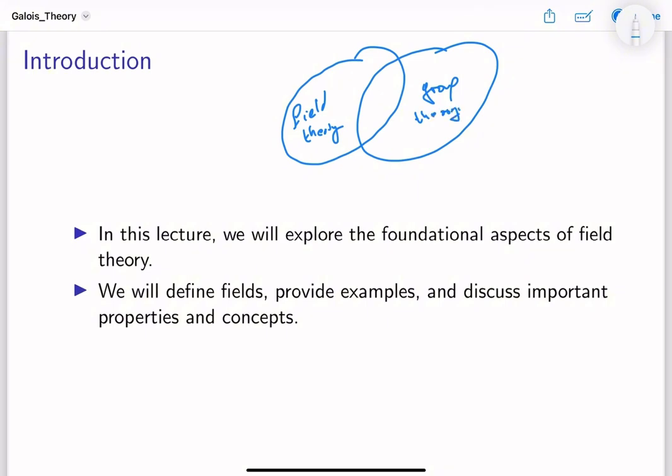What Galois theory does is that it takes questions from field theory and translates them, or finds an equivalent problem to them in group theory, which makes life easier most of the time.